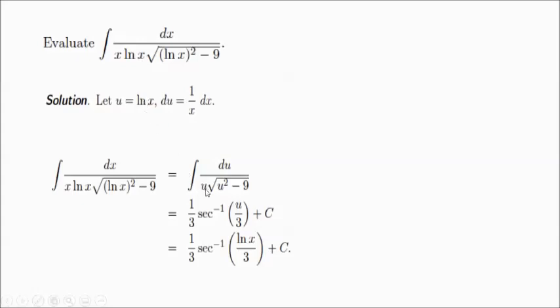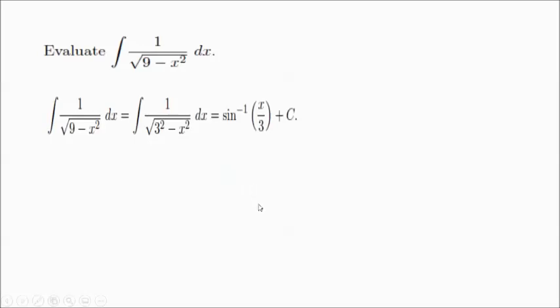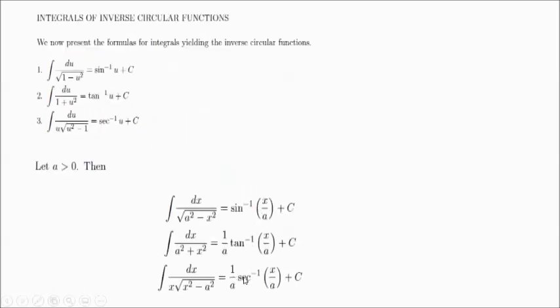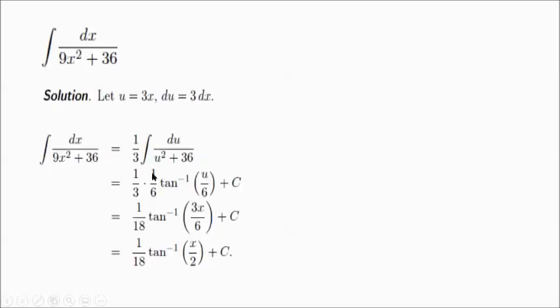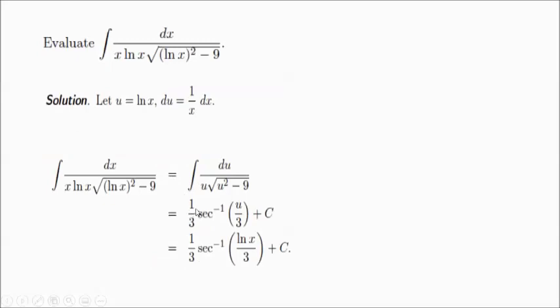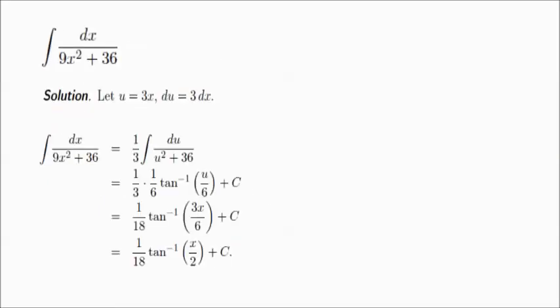So yung integral niya magiging u square root of u square minus 9. So yung integral niya is for this one. So magiging 1 over 3 kasi yung a nito class is 3. 3 square. Diba? Is 9.